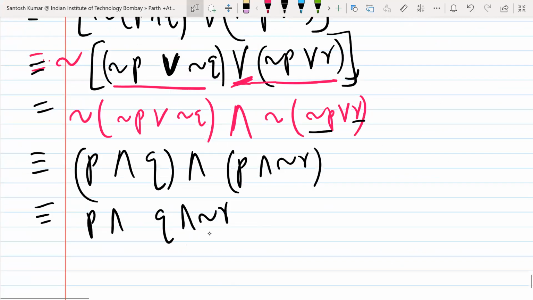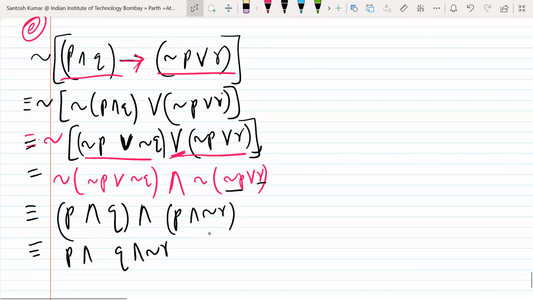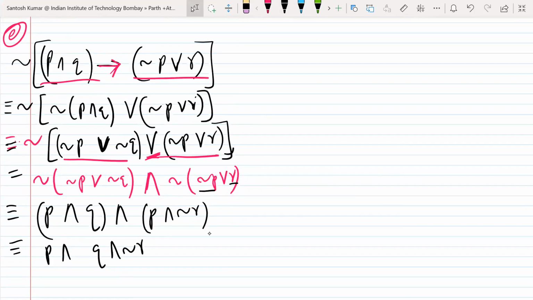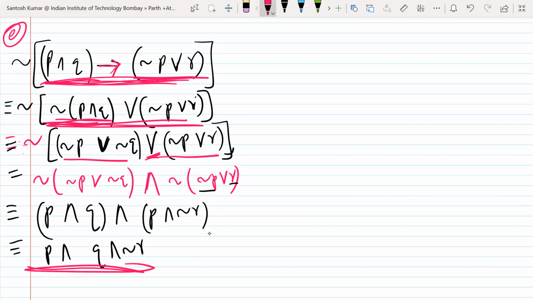Look at this and tell me where you have doubt. First, I wrote the equivalent statement of implies. Then I took this negation inside, and after this we took the negation outside of that inside, and then you simplified it to get this.